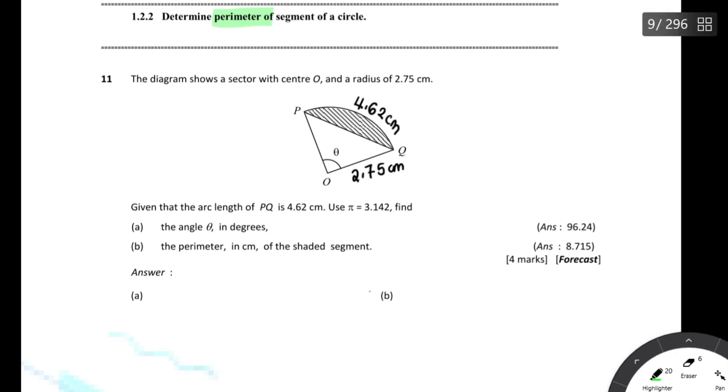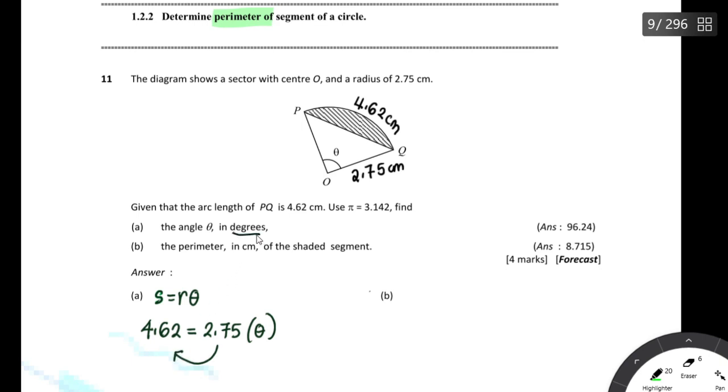First one, theta is quite easy. We can use S equals R theta. So what is our S? Our S is 4.62 equals radius 2.75 times theta. So we want to find theta, bring it over there.